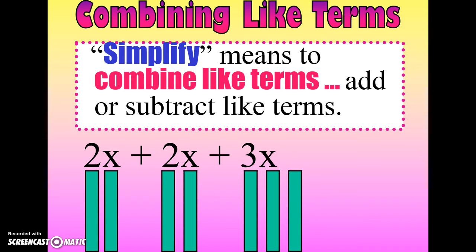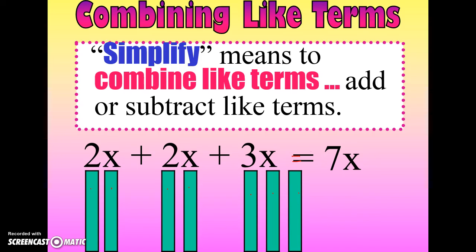The x's are represented by these green rectangles. So in this case, we have 2 x's plus 2 more x's plus 3 more x's. How many x's do we have total? 1, 2, 3, 4, 5, 6, 7. We have 7 x's total.